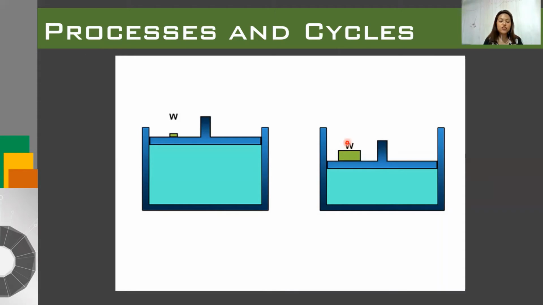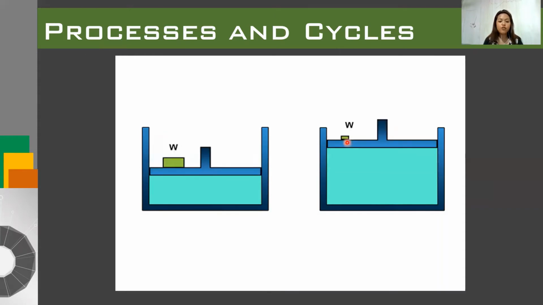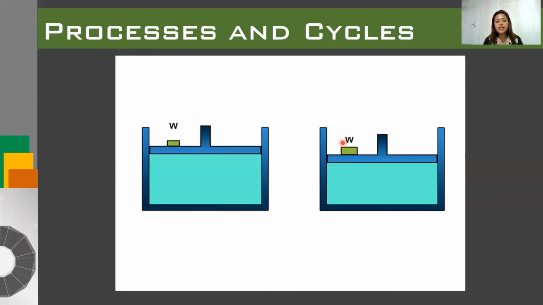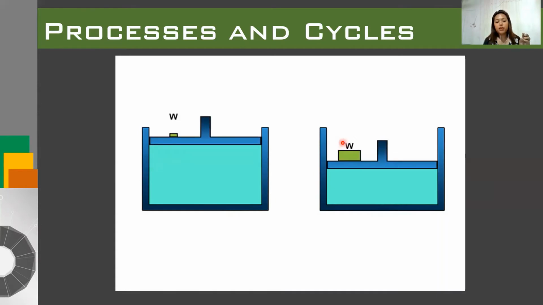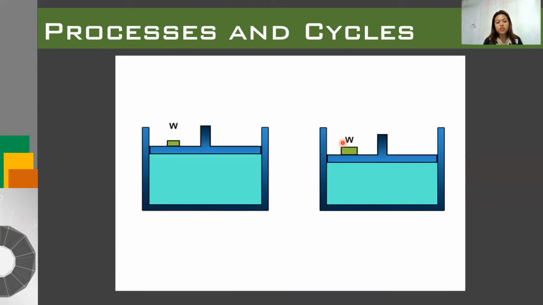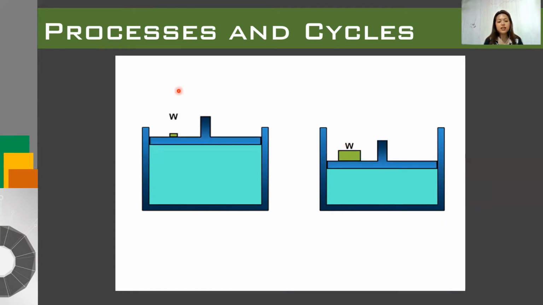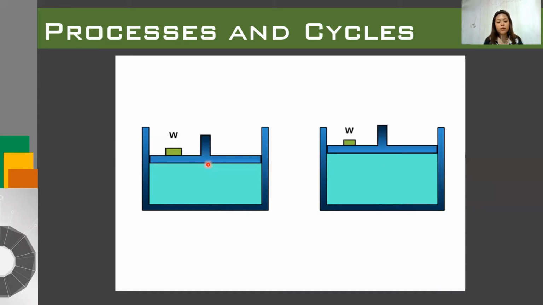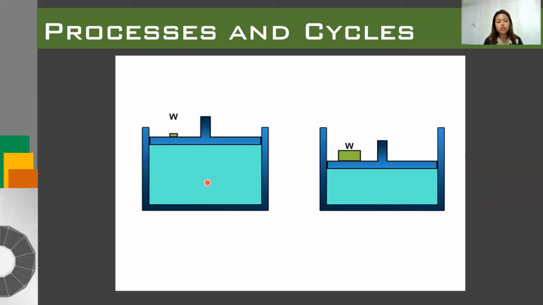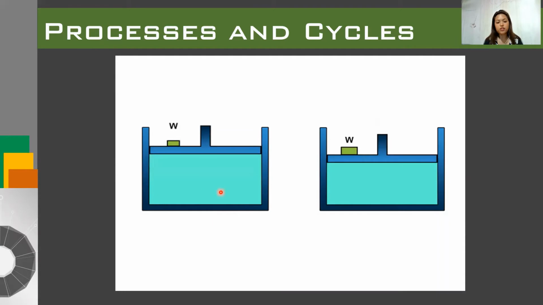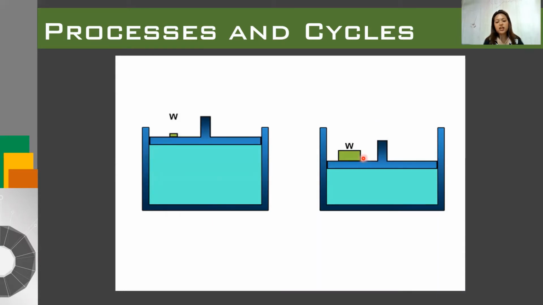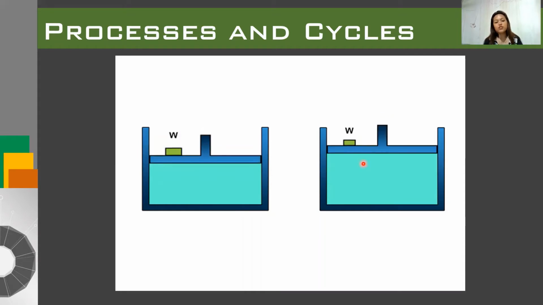The change of state occurs because the pressure decreases, and if the pressure decreases, then the specific volume increases. So if the weights are bigger, the push is bigger and the pressure increases, so the specific volume is lesser. While if the pressure is decreasing, then the specific volume increases.